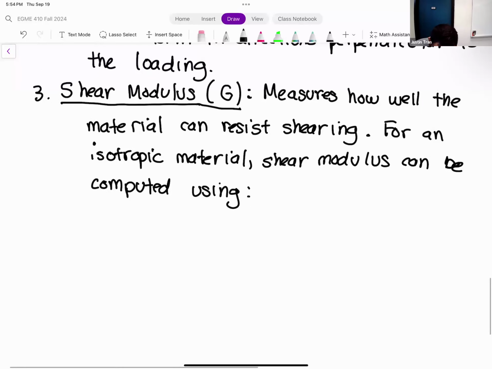We have this formula here: G is equal to E divided by 2 times quantity 1 plus nu.